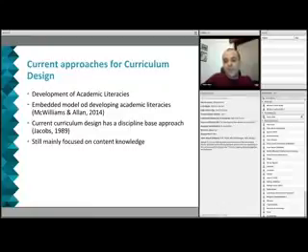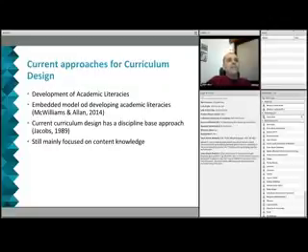So we think about the qualification, we think about programs, we think about a series of disciplines or papers that are aligned with more or less structure, depending on how flexible the curriculum is. But it's mainly focused on disciplines.